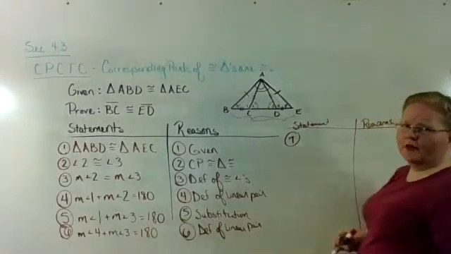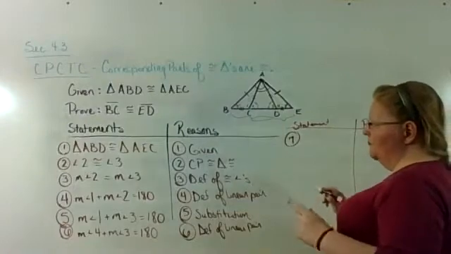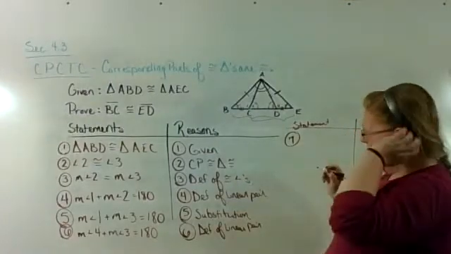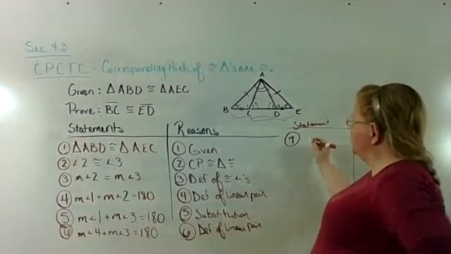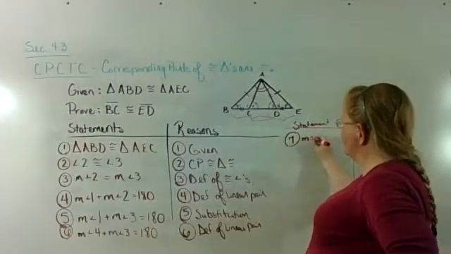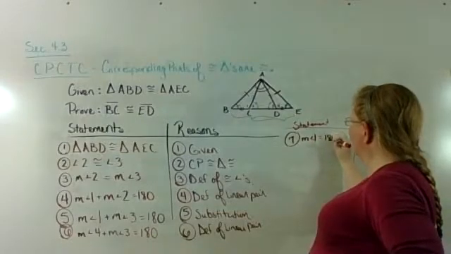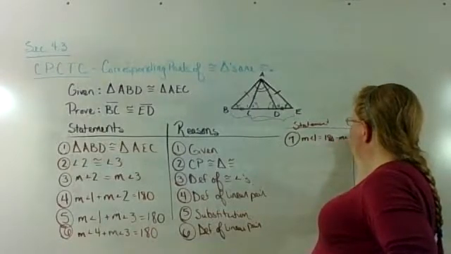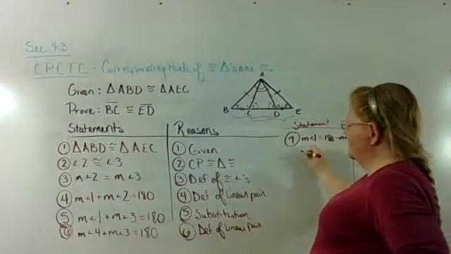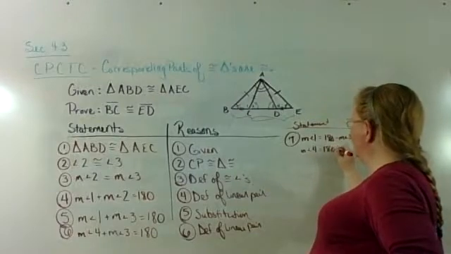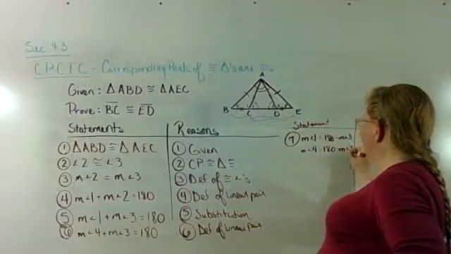You have more room than I do. By substitution, actually no. Back to the subtraction thing. The measure of angle 1 is going to equal 180 minus the measure of angle 3. And the measure of angle 4 is going to equal 180 minus the measure of angle 3.